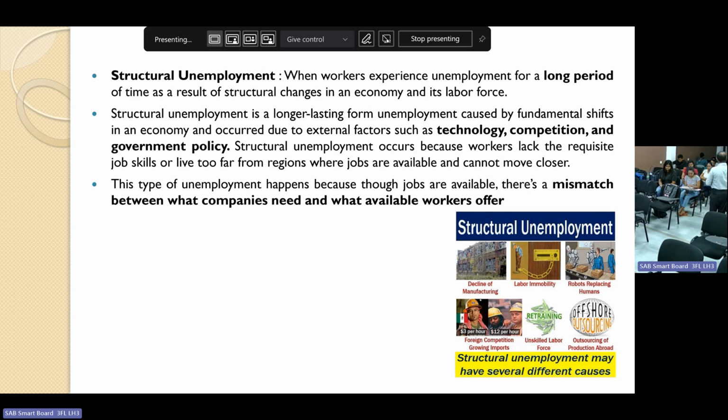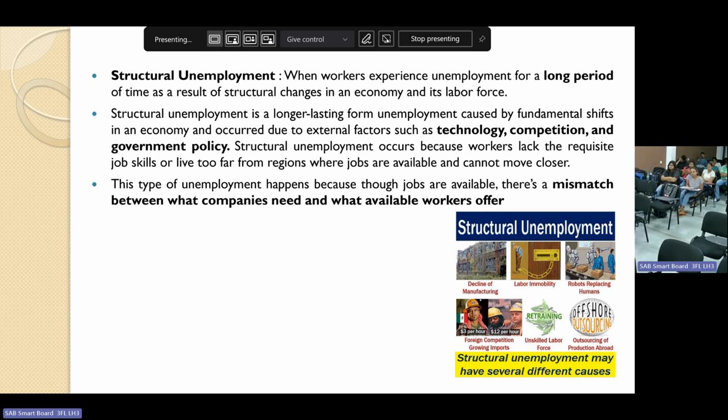Because of technological change, competition, and sometimes government policies, such a situation can be created. When there is recruitment for the government sector, there are certain recruitment policies, and we need to match them, otherwise we are not qualified. In such situations structural unemployment can be created. It is a long-term phenomenon.